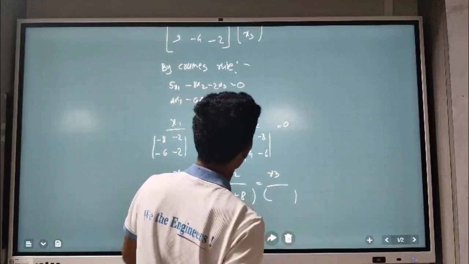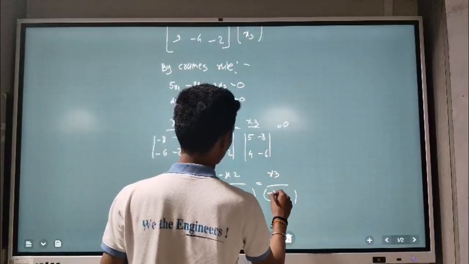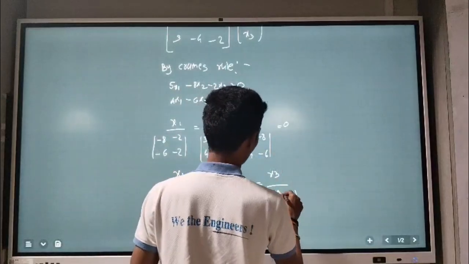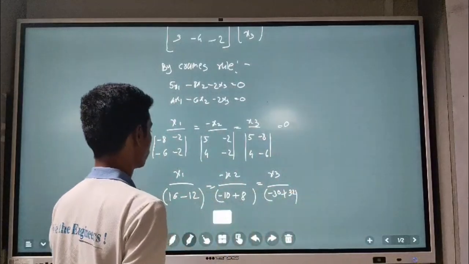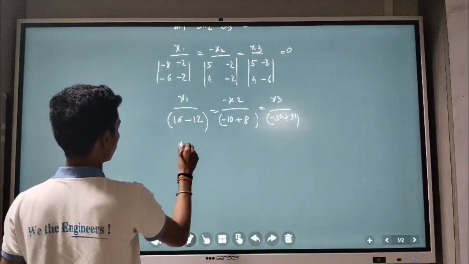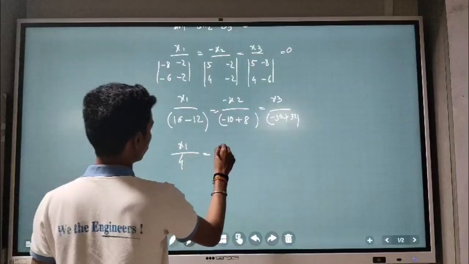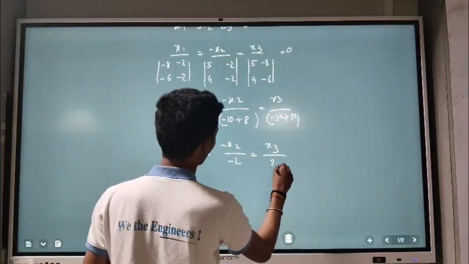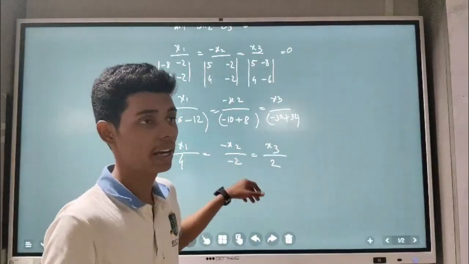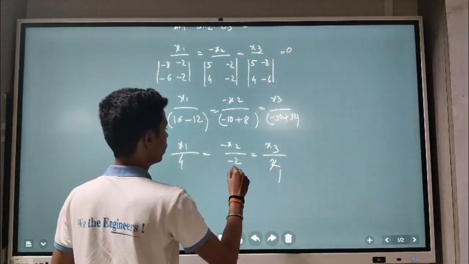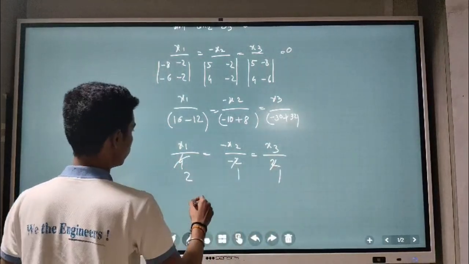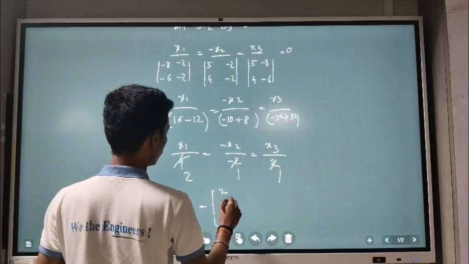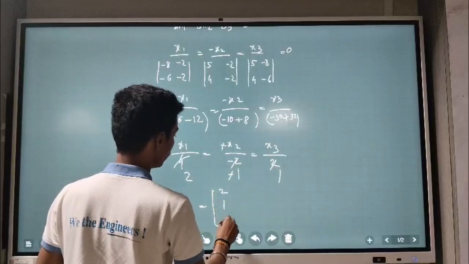Then for x3: 6 times 5 is 30, and 8 times 4 is 32, and the minus is converted, giving 42. We get x1 as 4, x2 as minus 2, and x3 as 2. All the numbers are divided by 2, so 2 over 2, 2 over 2, and 2 over 4. So x3 we get 2, and the minus signs cancel, 1 and 1.